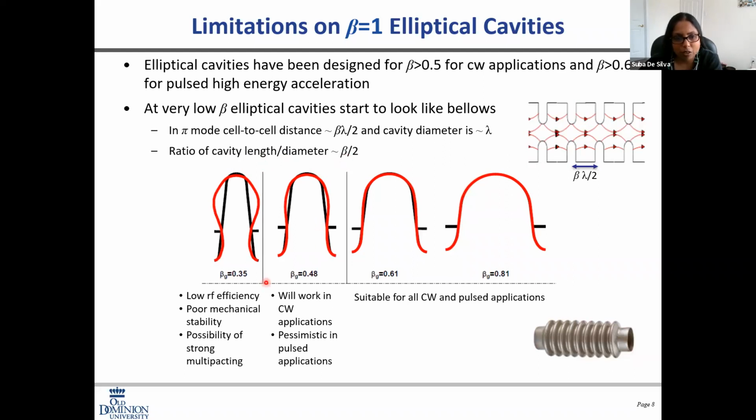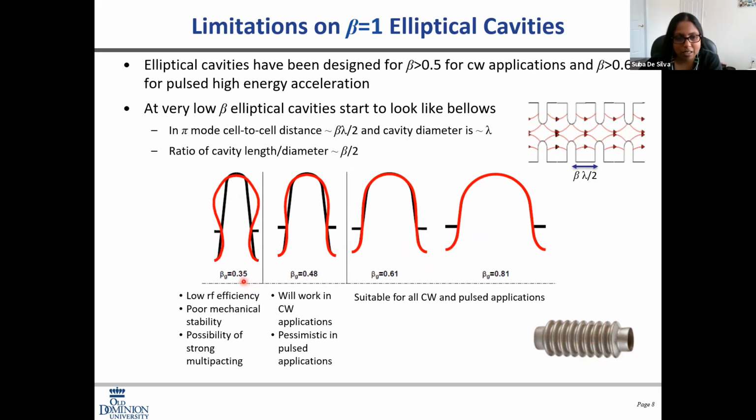So now if you go to very low beta, the cell is very narrow, as you can see here. And as you increase the beta, you get a wider cell. At very low betas, it's more like a bellows.